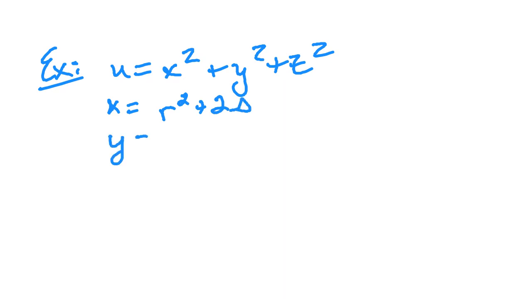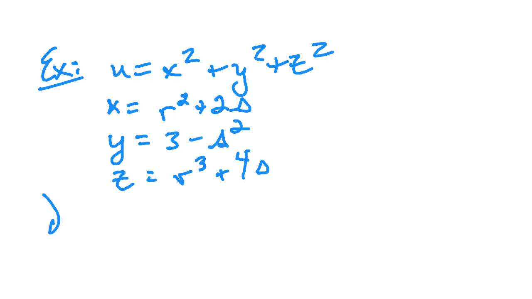Let's say that y equals 3 minus s squared, and let's say that z equals r cubed plus 4s. Okay, and by the way, these are all polynomials. These are all differentiable functions, which means all partials will exist as well.